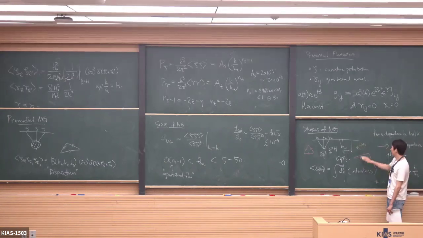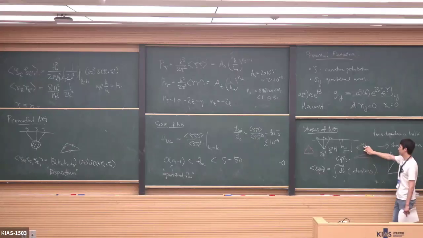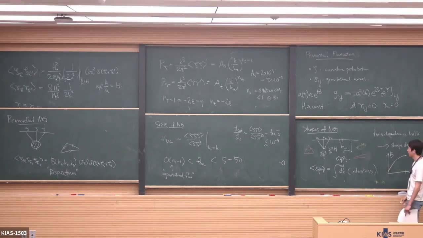Now, in order to see how that translates to the shape of the bispectrum, we have to convert this physical scale into the comoving scale, because the bispectrum is defined in terms of comoving wave numbers.